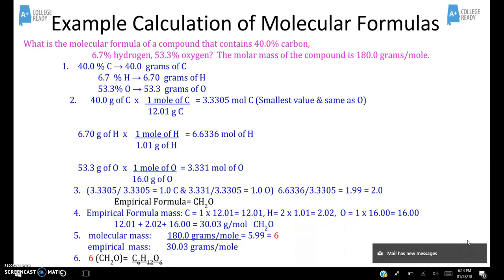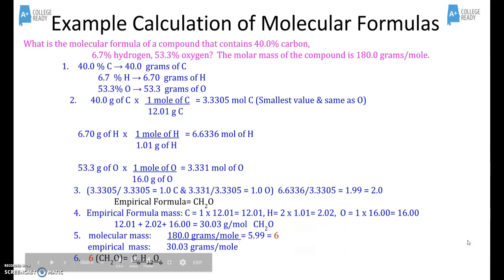So that is where I calculated the 30.03 grams of my CH2O, and I was able to use it as my denominator of 30.03 grams per mole, and my numerator was given to me in the problem as 180.0 grams of my molecular mass.